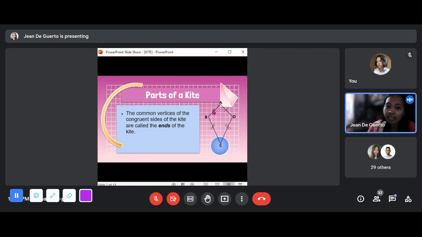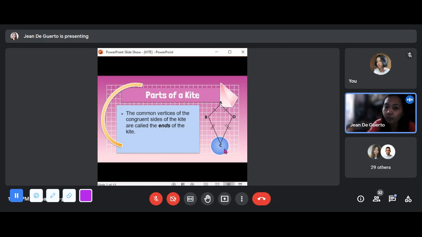So, ano yung mga ends? Yun yung common vertex ng congruent side. So, in segment AB and segment AD, ang common vertex nila is point A. That means point A is an end of a kite. Okay? While for segment BC and segment DC, ang common vertex nila is point C. So point C is also an end of our kite ADCB.